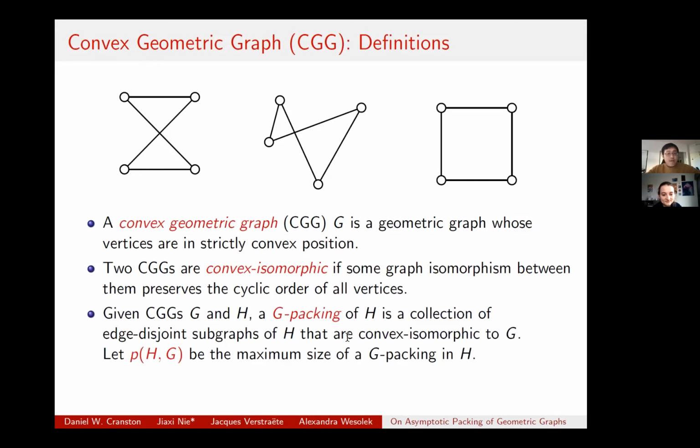Okay, and given CGGs G and H, a G packing of H is a collection of edge disjoint subgraphs of H that are convex isomorphic to G. And we let P of H and G be the maximum size of a G packing in H. These are similar definitions as before. And a CGG is plane if no two of its edges cross.